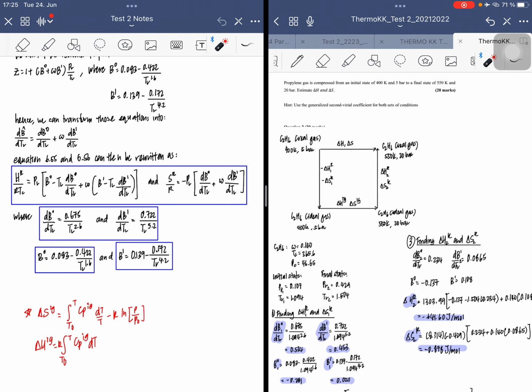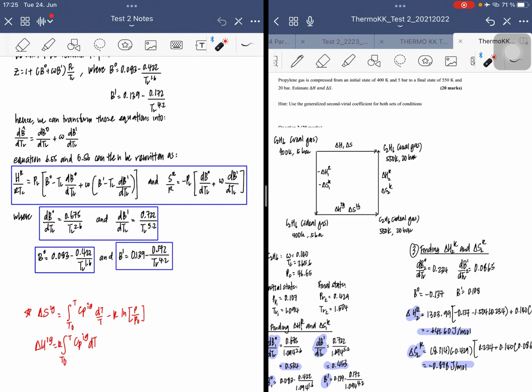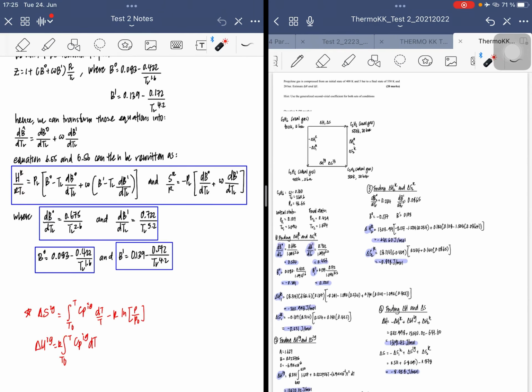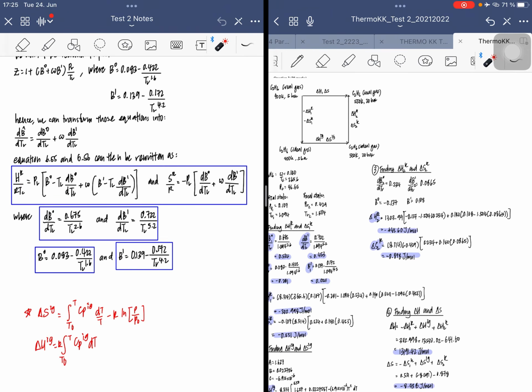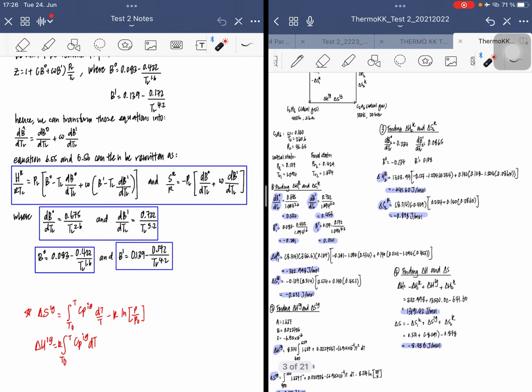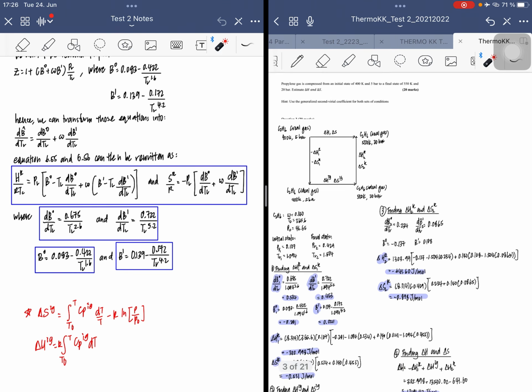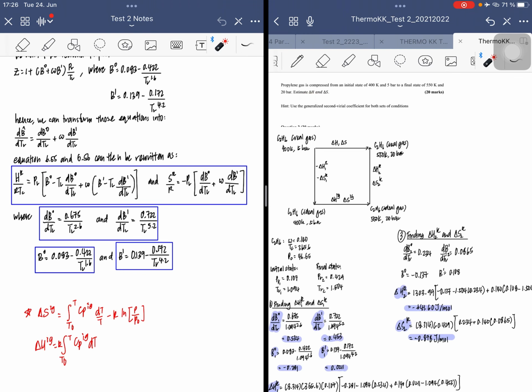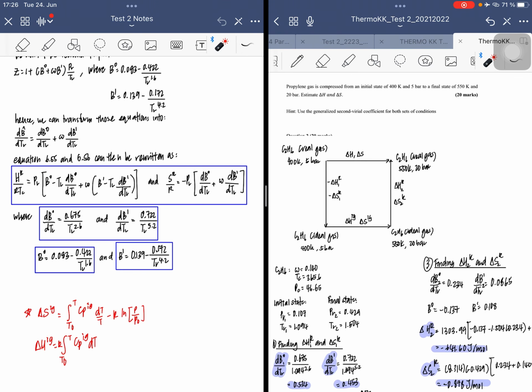Yeah, and also just make sure you pay attention to the positive and negative sign, because after you find the second residual property, the first residual property and the ideal properties, you have to plug back into the enthalpy, because the end goal is to find this delta H and delta S. If we look at this process path here, we know that delta H equals negative delta H1R plus delta HIG plus delta H2R.